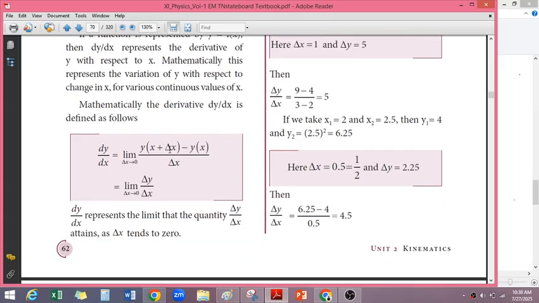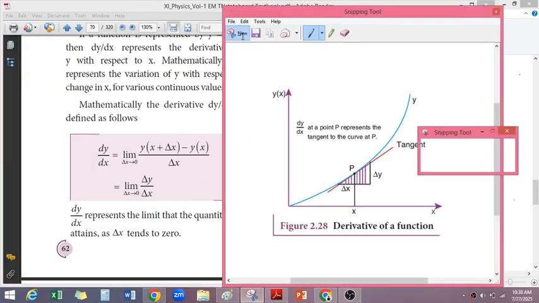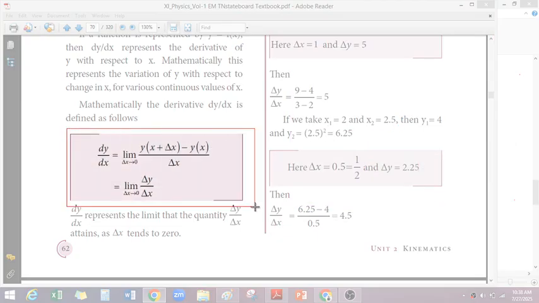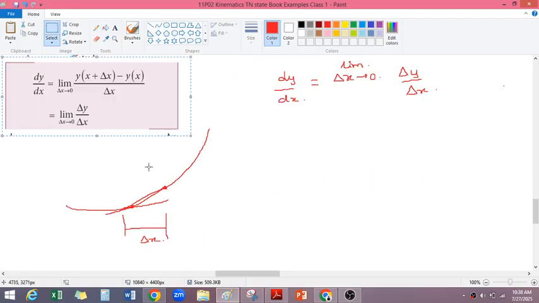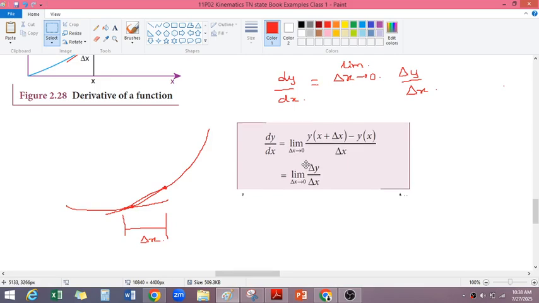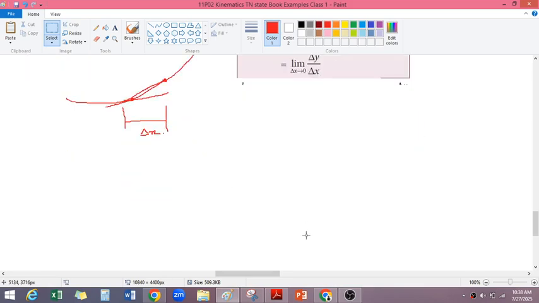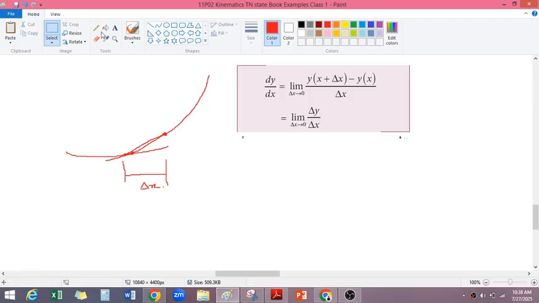So this is your... Suppose this point is at distance x, then this point is y of x.